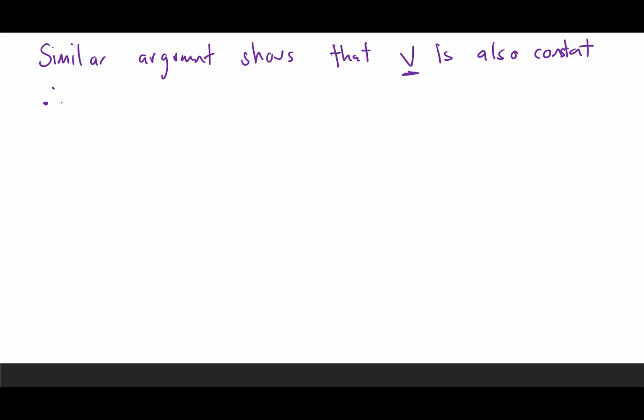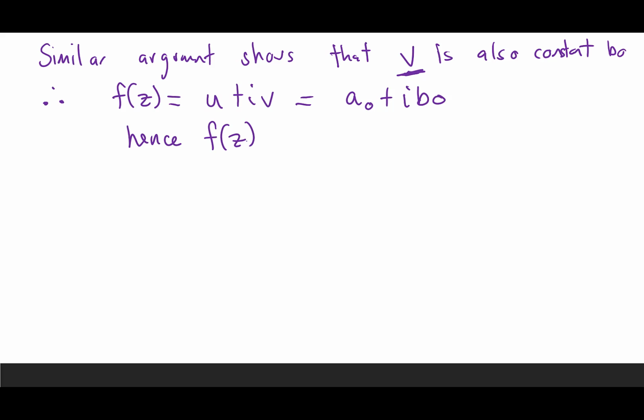So therefore, f of z, which is equal to u plus iv, is actually equal to a naught plus i, and let's call this constant for v, b naught, because why not? Hence, f of z is constant, that's a constant number right there. These are all constants now.